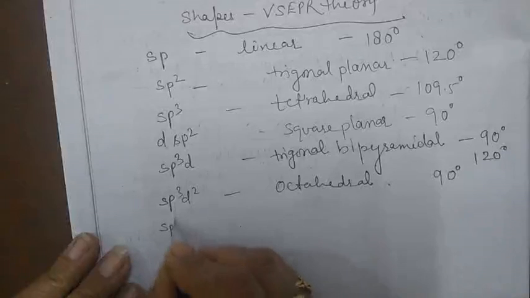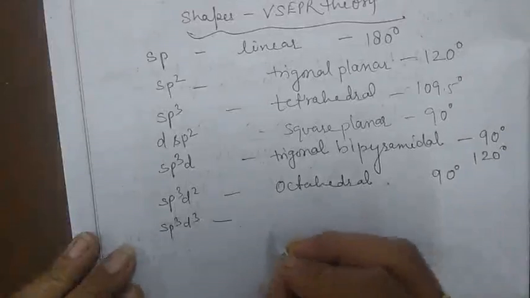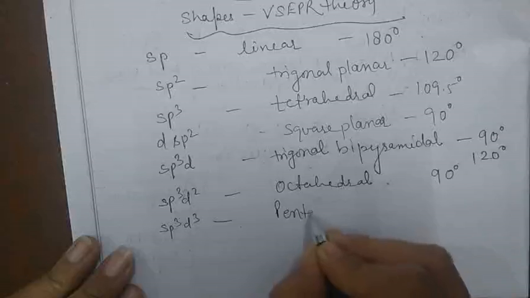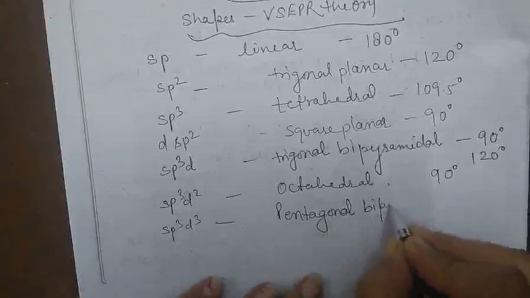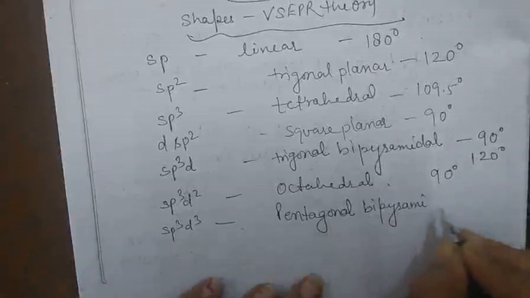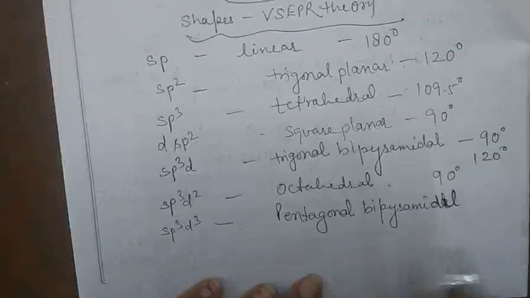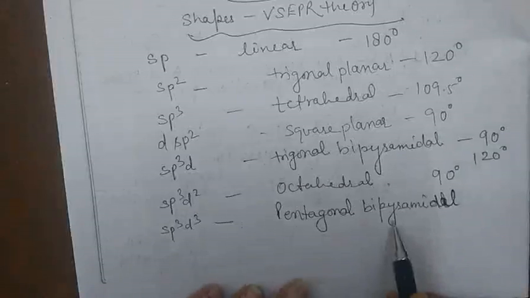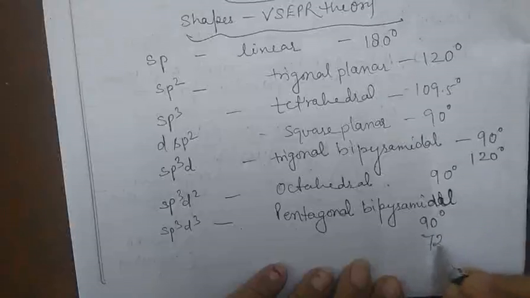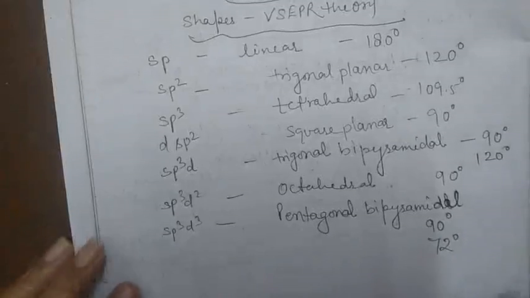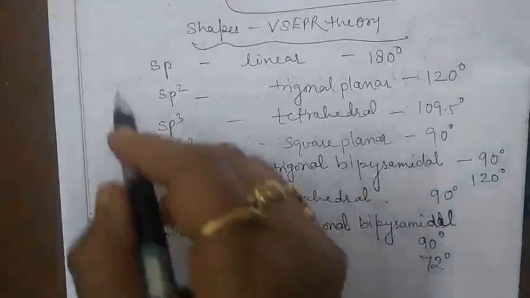In case of sp3d3 hybridization, the shape is pentagonal bipyramidal, and here the angle is 90 degree as well as 72 degree.